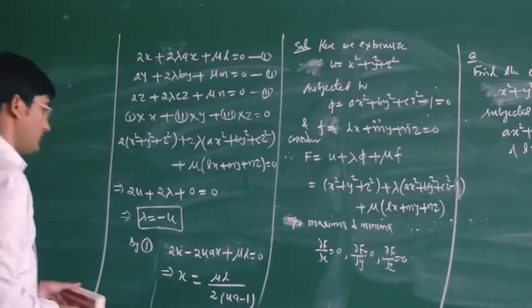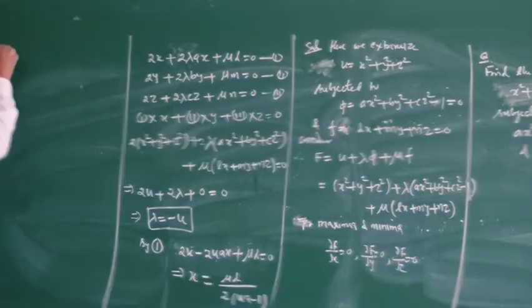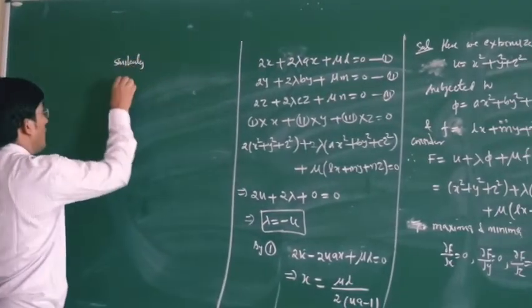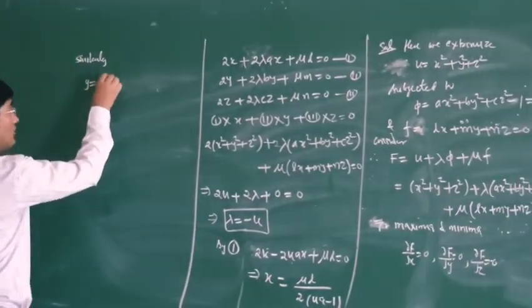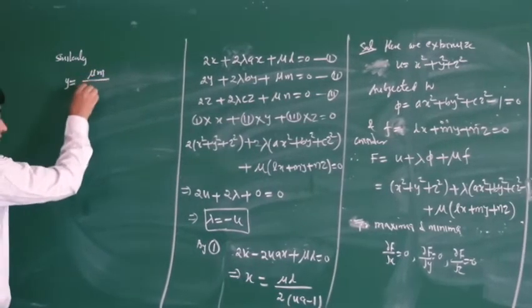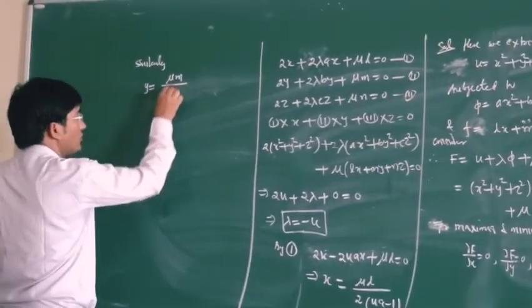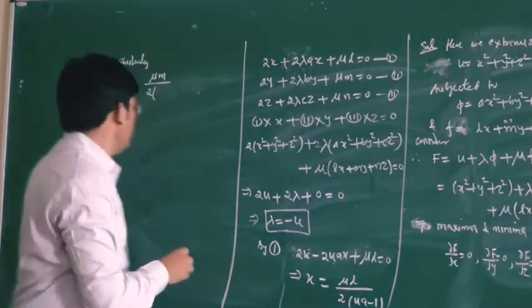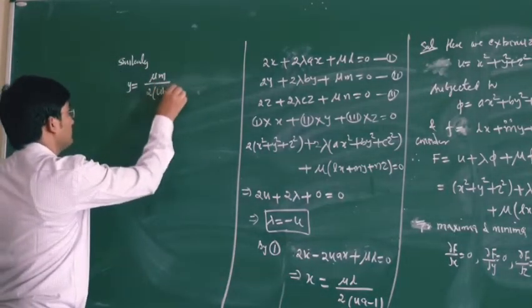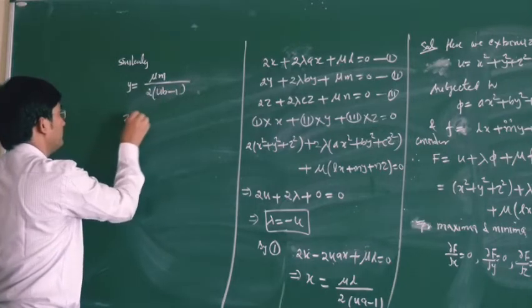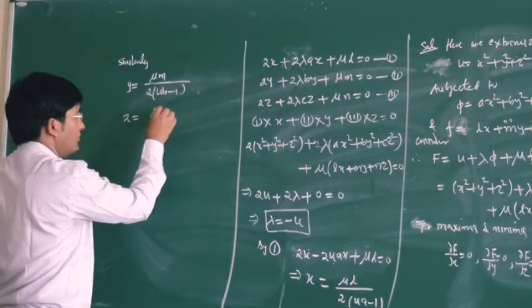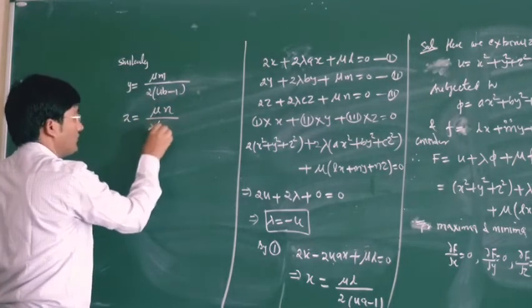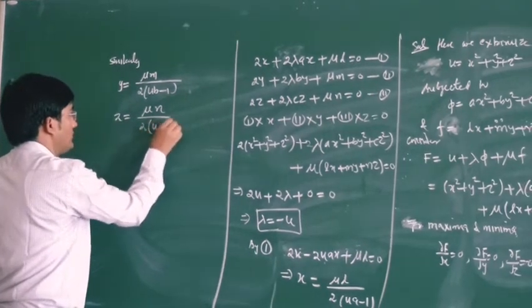So this is your x. Similarly, our y will be mu m upon 2 times ub minus 1, and your z will be mu n divided by 2 times uc minus 1.